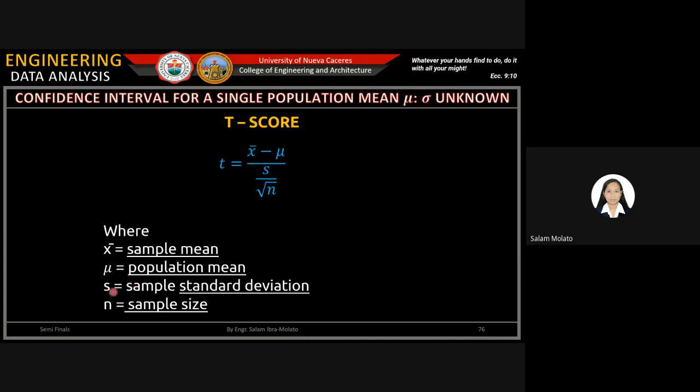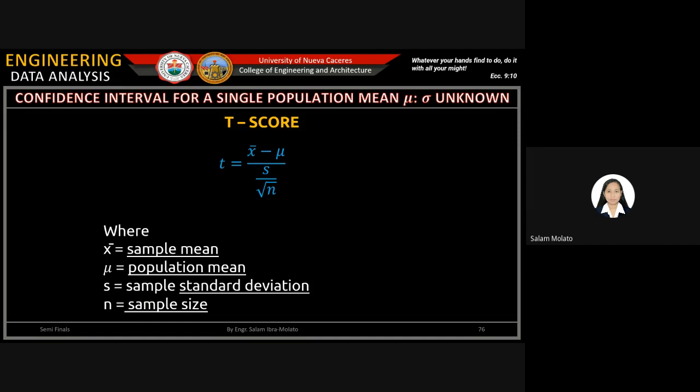Yung symbol niya. While kung sample, s yan. Okay? And n is the sample size. So, a little bit the same with the z-score. Di ba? Okay. So, this is the t-score. But we are also using the t-table. Okay, just like the z-score, meron tayong ginagamit na table.